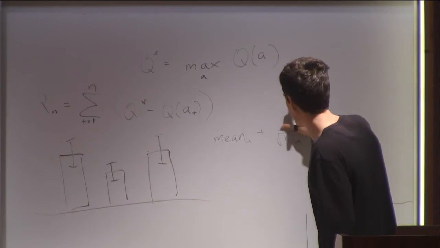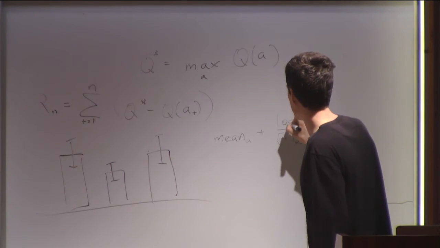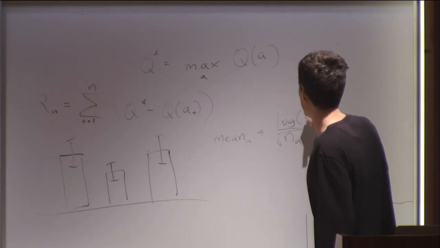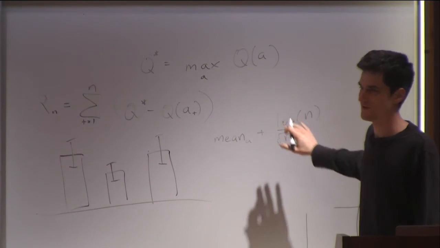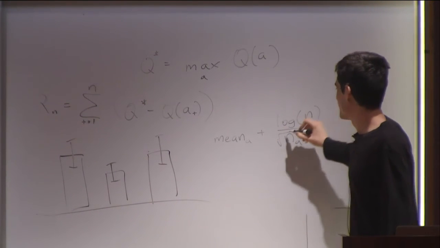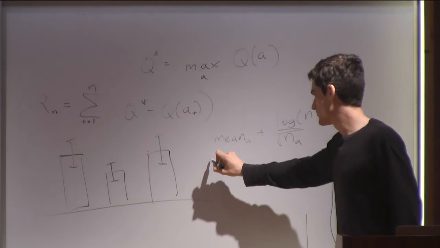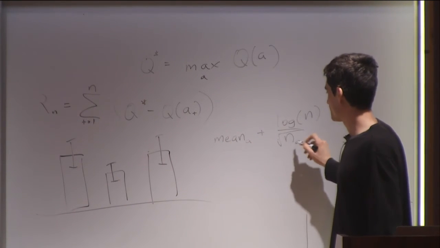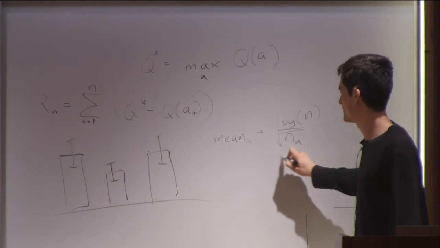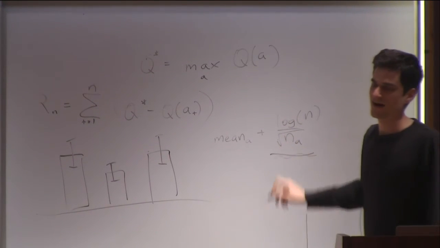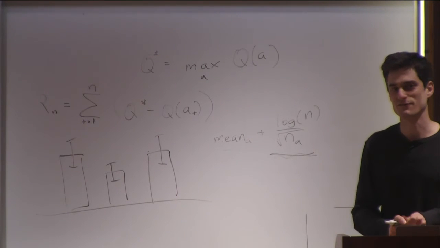And actually, there's another factor. So you have a factor that's like log of n, which is the total number of steps so far. Anyway, you're choosing mean plus something like 1 over square root of the number of times you've chosen that arm. This is your bonus, which encourages you to take the actions that you haven't taken very many times.